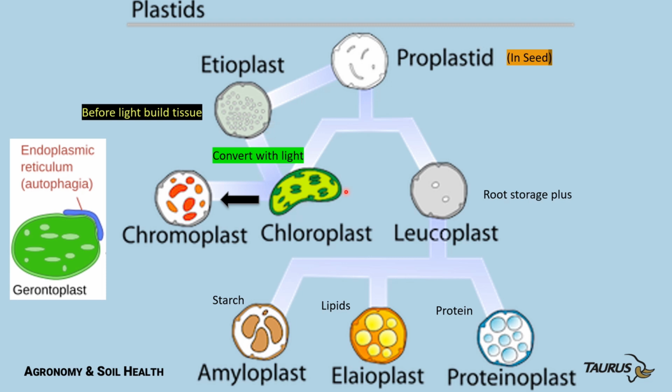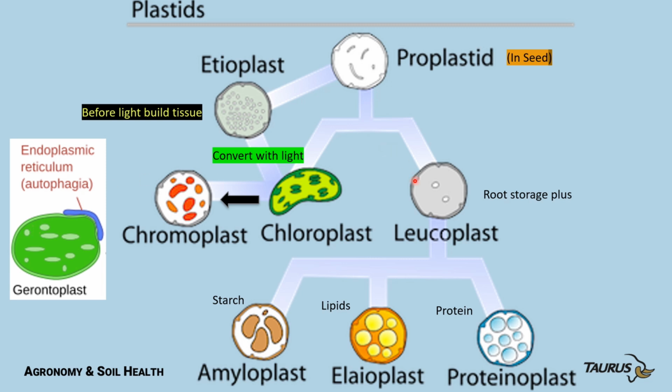Okay, and then as time goes on, some of those can become chromoplasts, which are the bright colors in leaves and tomatoes and things like that. And then eventually the chloroplasts are converted to gerontoplasts, which is the senescence kind of plastid, which leads to cell death and senescence in the plants.